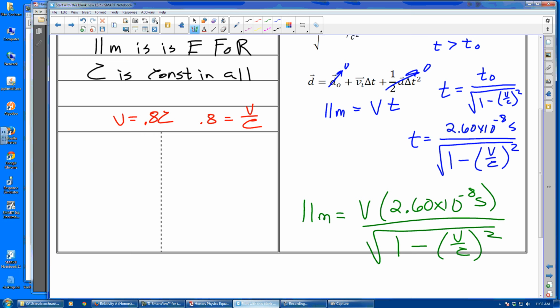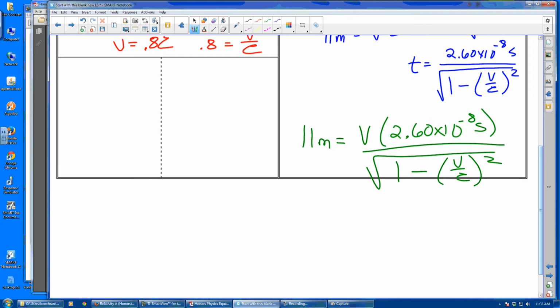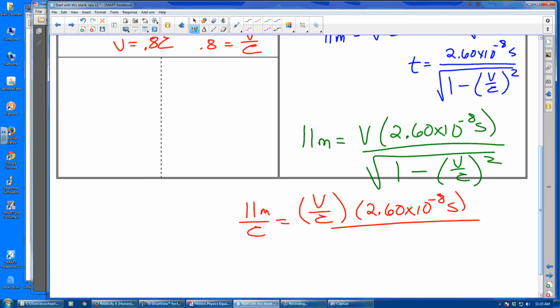So rather than solving for V here, I'm going to put this in terms of V over C. And the way I can do that is if I divide both sides by C. So I can have 11 meters over C equals V over C times 2.60 times 10 to the minus 8 seconds over square root of 1 minus V over C quantity squared.